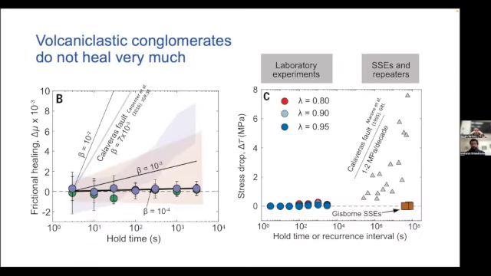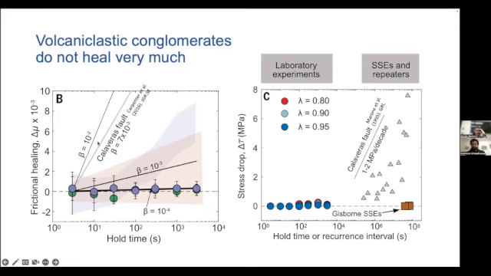Okay, so here I'm showing you the frictional healing data from the lab experiments on these clay-rich volcaniclastics in the context of other common materials at plate boundaries, like quartz or carbonates, specifically in the plot on the left. So beta is the log linear slope of frictional healing rates, and typical numbers for the stronger materials like carbonates, for example, are in the ballpark of 10 to the minus 2, in units of friction change per decade of time.